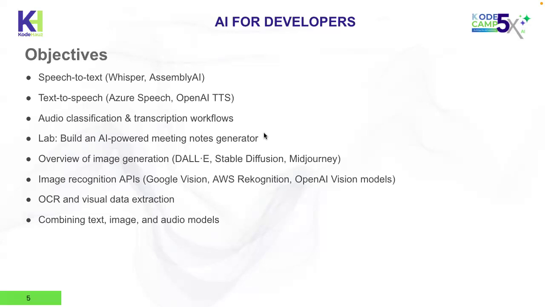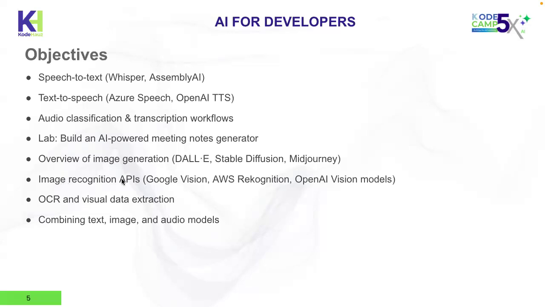Then the text can be channeled to an LLM, or we can first compile it and then send it to an LLM that will do a summarization or generate action items and all those kinds of things.